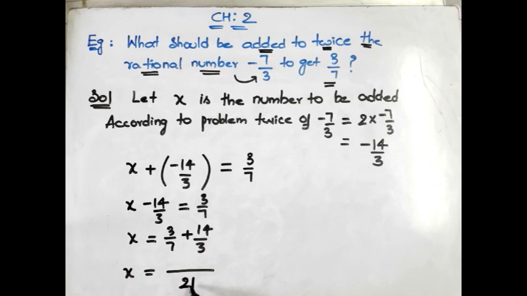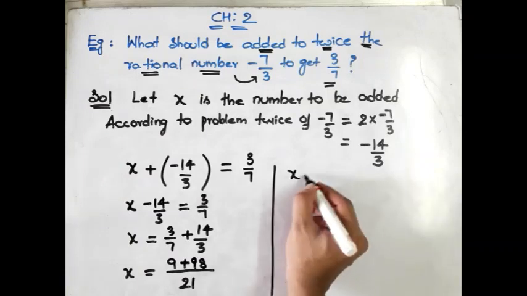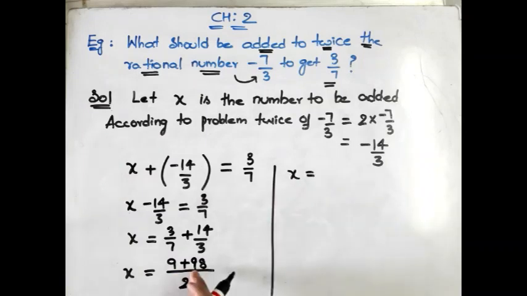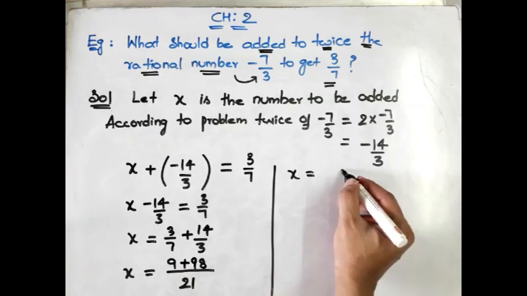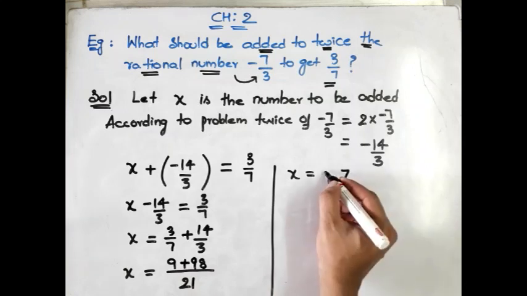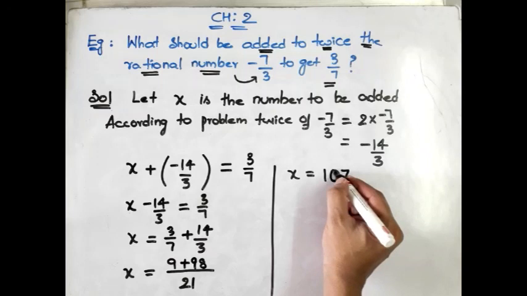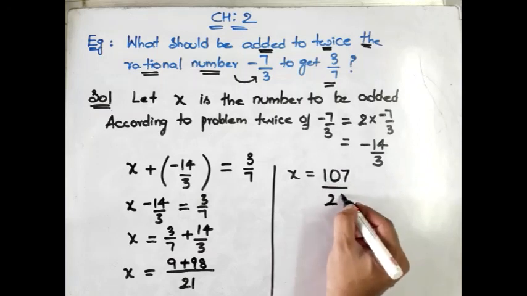7 how many times is 21? 3 times. 3 into 3, 9. 3 how many times is 21? 7. 7 14s, 28, 98. Okay, so I'm continuing here. X is equal to, okay, 9 plus 8, 17. 107 by 21.